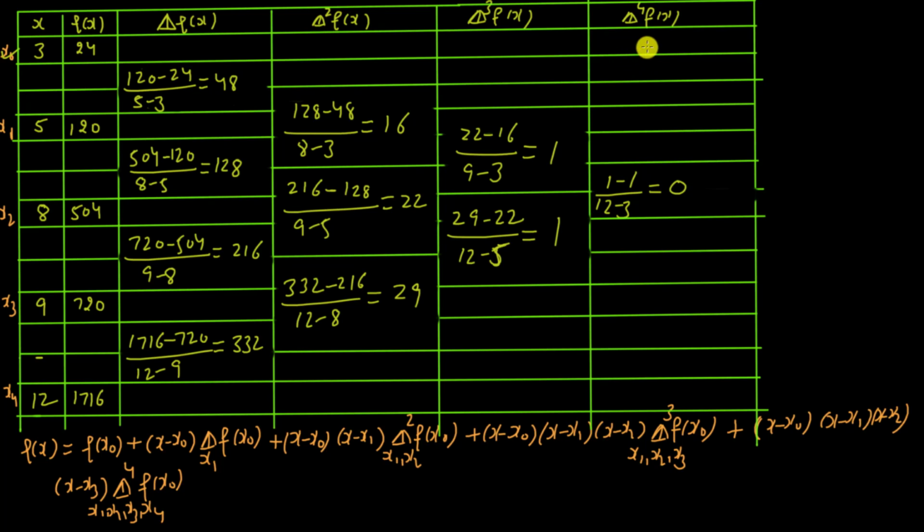Now since the table was up to fourth order divided difference and the table has been completed, we have written up to fourth order only.